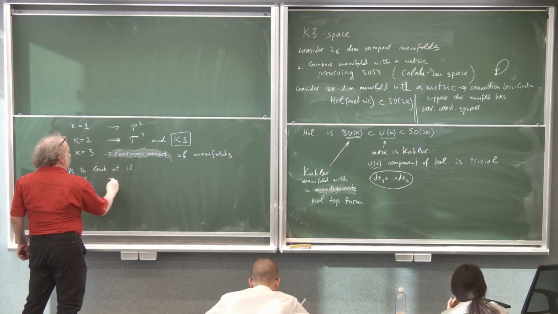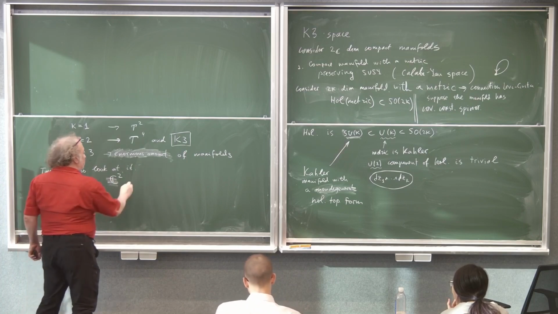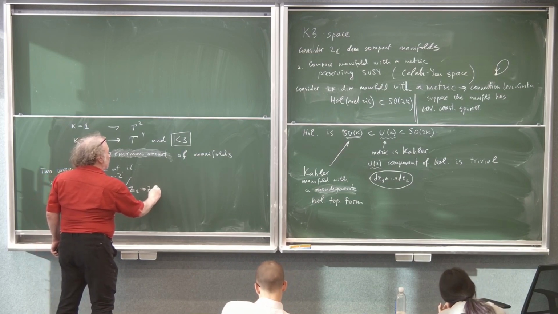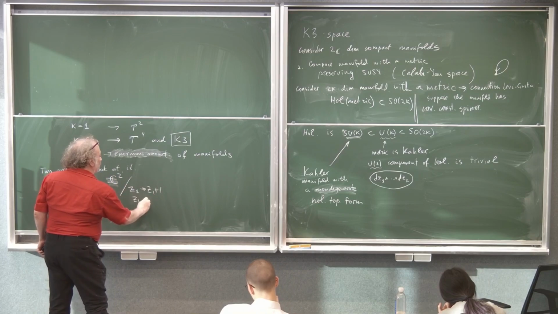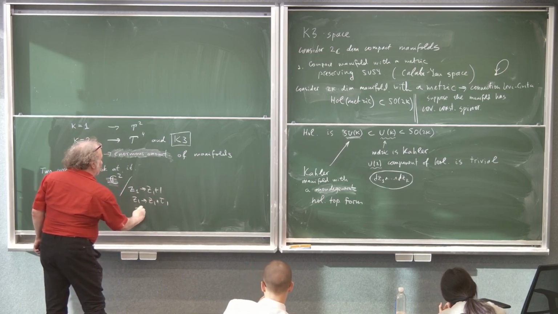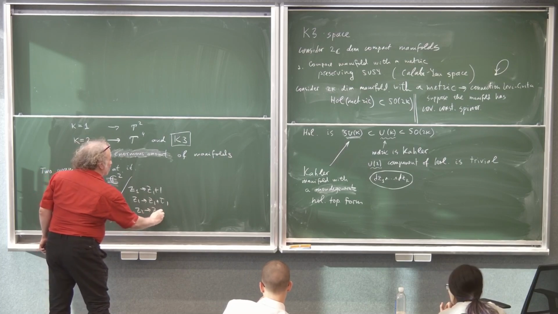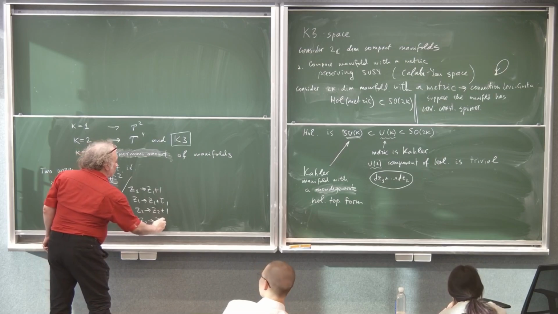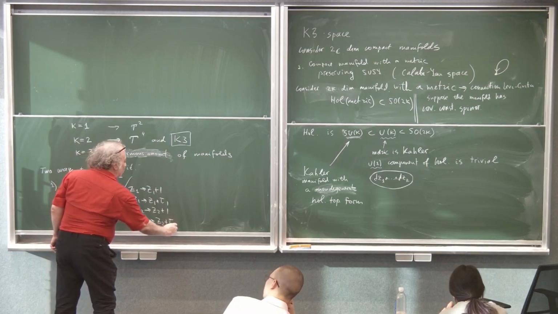This is C squared, and here we identify z1 with z1 plus 1, z1 with z1 plus tau 1, z2 with z2 plus 1, z2 with z2 plus tau 2.